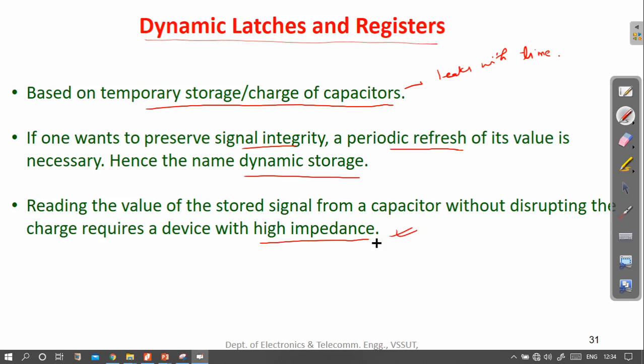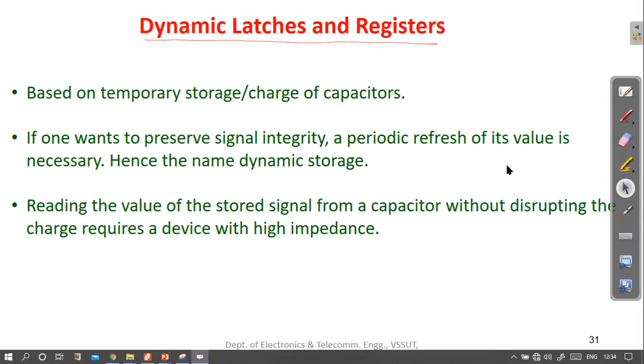So the device should have a high impedance, then only proper reading from the capacitors would be done. Okay, so these are some introductory points regarding dynamic memories.